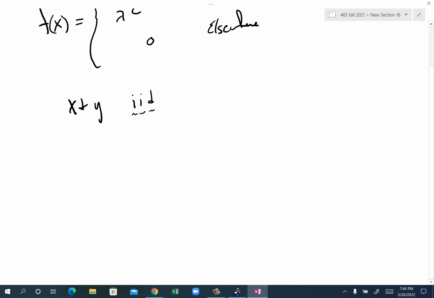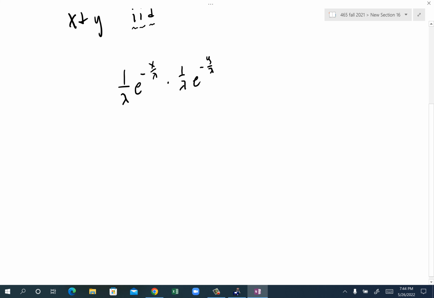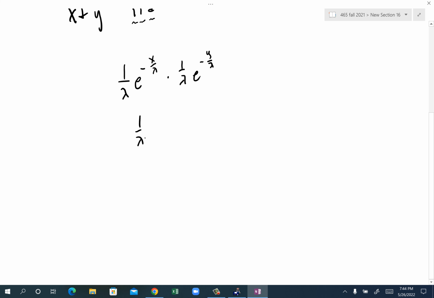And so it's going to look like this. Well, they're identical. So you're going to have 1 over lambda e to the minus x over lambda times 1 over lambda e to the minus y over lambda, which means we end up with 1 over lambda squared e to the minus x.